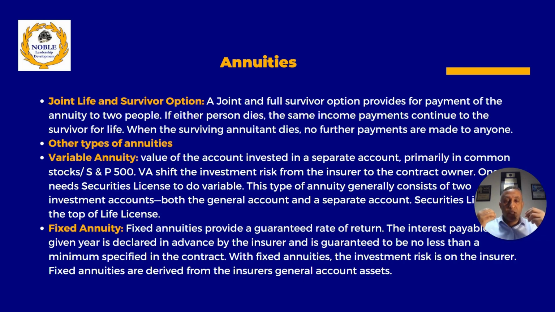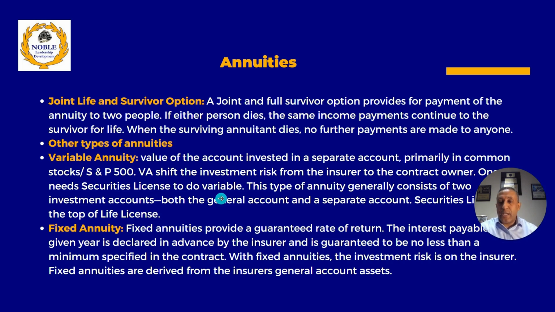So the owner is taking the investment risk. One of the questions is who is taking investment risk in a variable annuity? It is the policy owner. One needs a security license to sell variable. This type of annuity generally consists of two investment accounts, both the general account and the separate account.